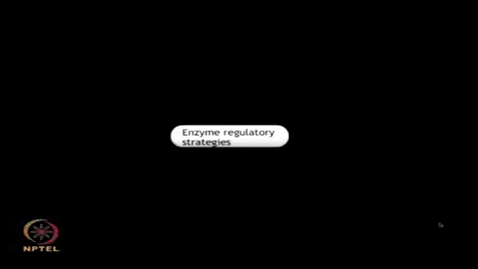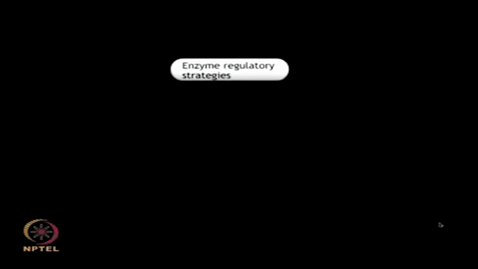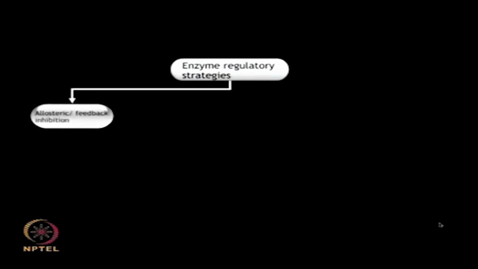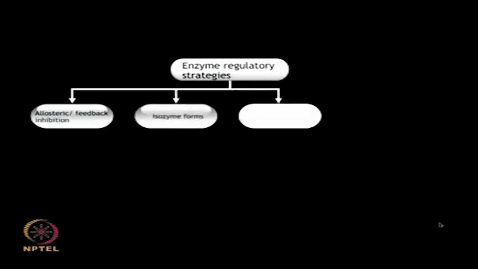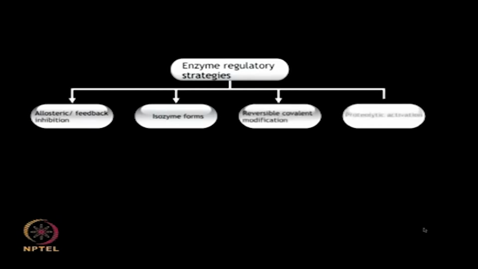Activity of all enzymes must be regulated to ensure that they function only to the desired extent at the appropriate locations within an organism. Common mechanisms of regulation include allosteric or feedback inhibition, control of isozyme forms, reversible covalent modifications and proteolytic activation.